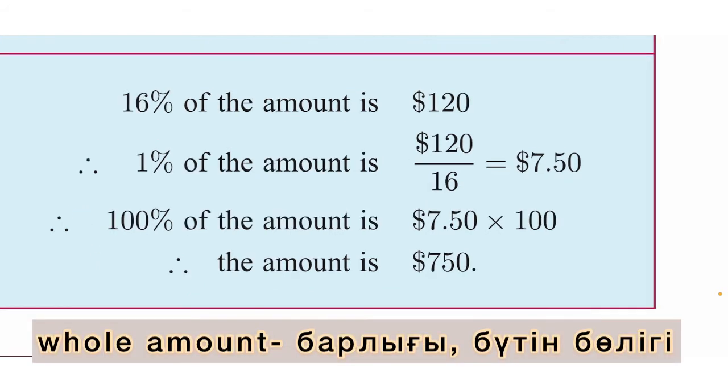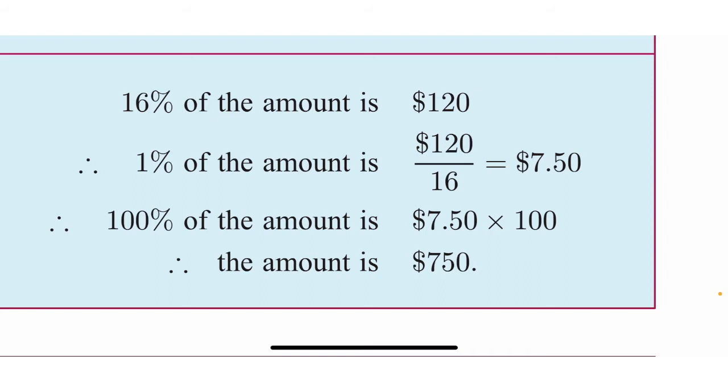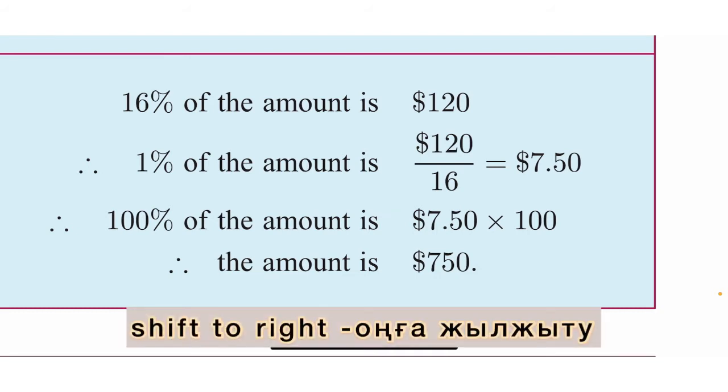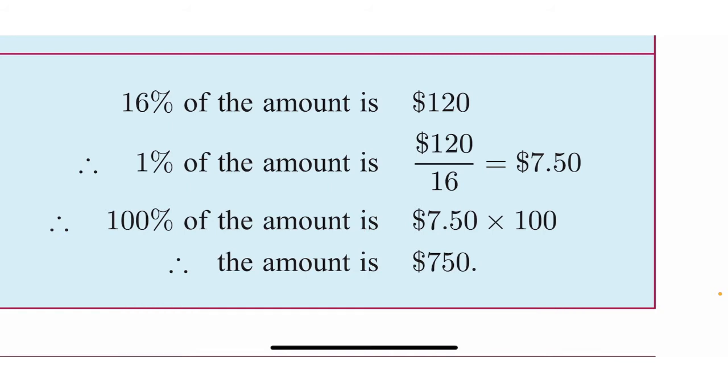So we can multiply $7.5 by 100. Now, as we said before, 100 has double zero, so we shift the decimal point 2 places to the right side. So it equals $750. 100% of the money, the whole money was $750.